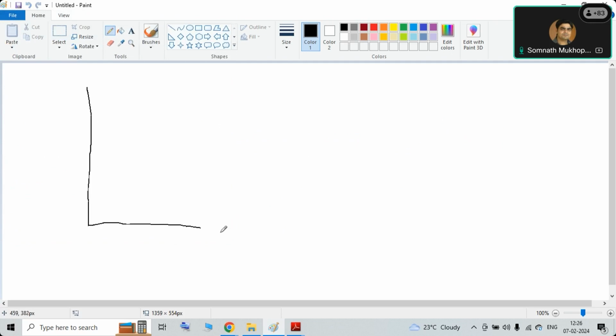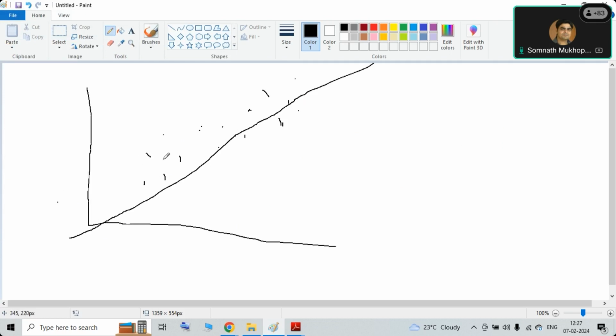This gradient descent algorithm can be used for one application: the regression problem.